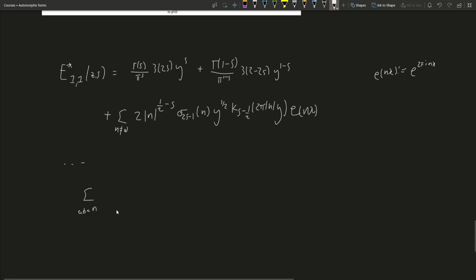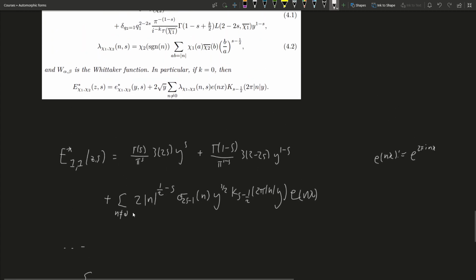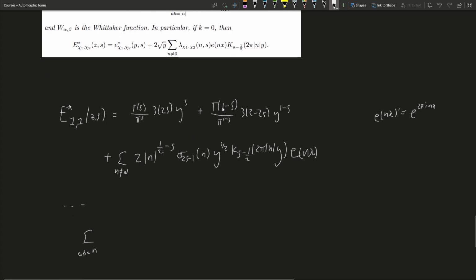So I'm just going to write n for simplicity, assume that n is positive. We've got no characters here, and we have b over a to the s minus 1/2.